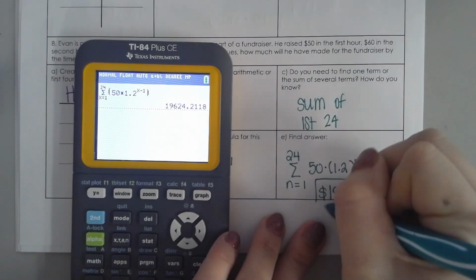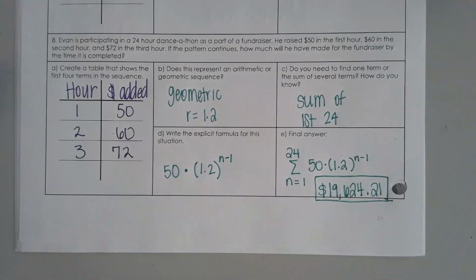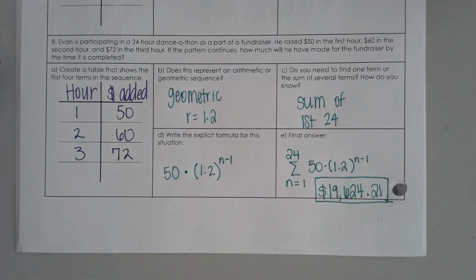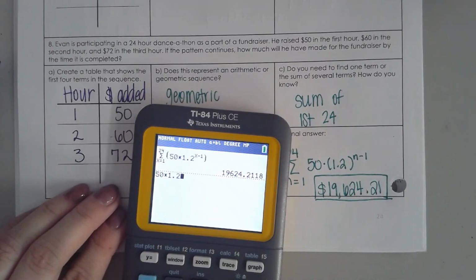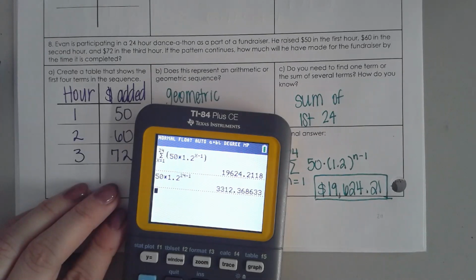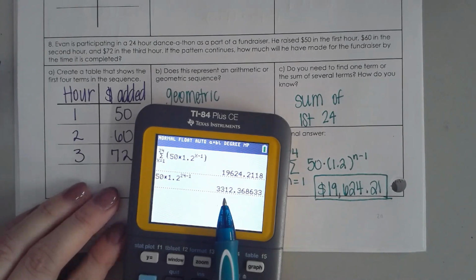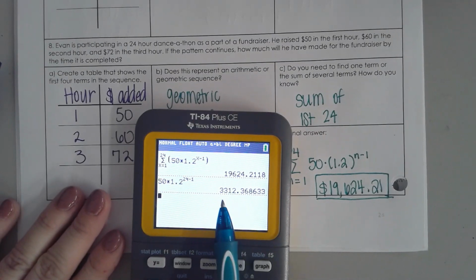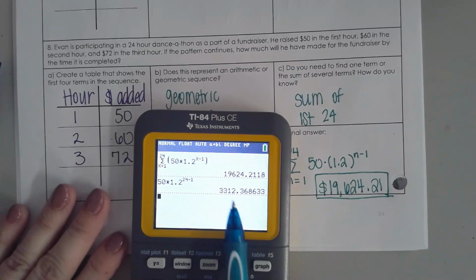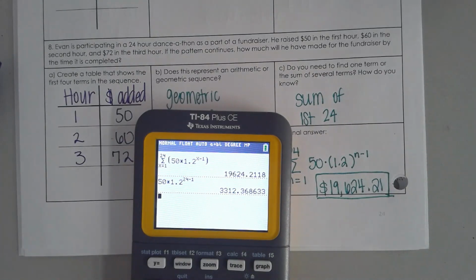It seems like a lot, but the numbers do go up quite a bit. Like the 24th term, like if he follows this pattern, in that last hour he added $3,300. So with geometric, those numbers get a lot bigger, a lot faster.